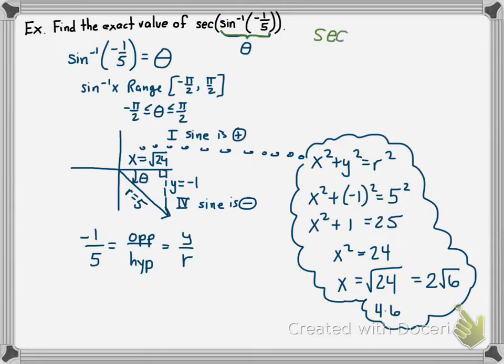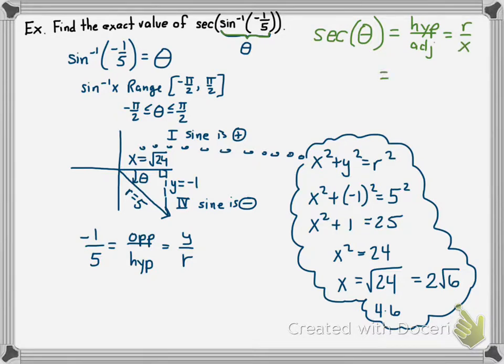So now we have secant of the angle that we've drawn. And the thing I know about secant is the reciprocal of cosine. So if cosine is adjacent over hypotenuse, then secant is hypotenuse over adjacent, or r over x.